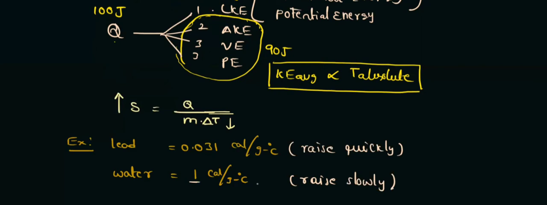This is the nature, why it happens, and based on what parameters the specific heat is different. So we have seen two examples, lead and water. Water has the highest specific heat value. Because of this, in many areas it has its own advantages. What are those advantages? We will see that in the next videos. I hope that you are clear about specific heat, right?